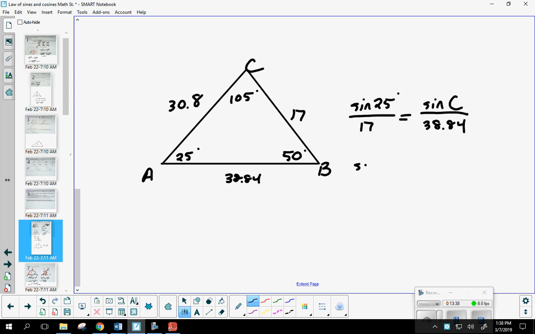So sine of C is going to equal, cross multiply, 38.84 times the sine of 25 degrees over the 17.